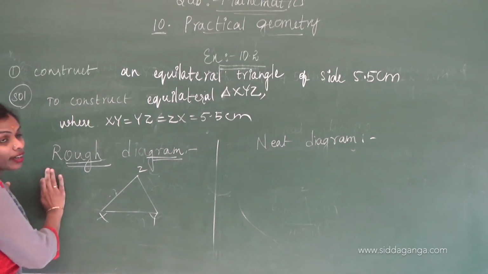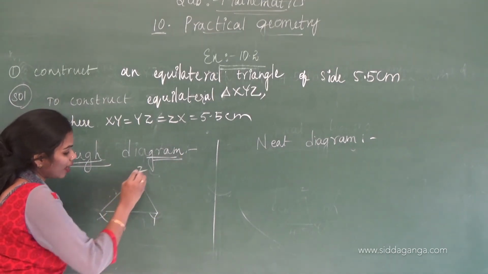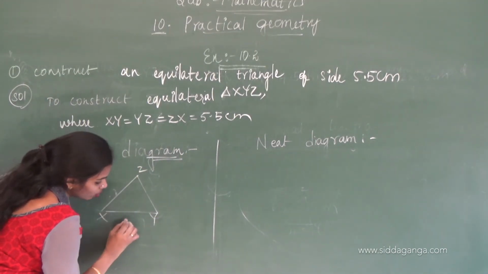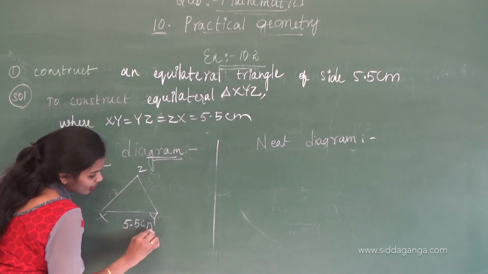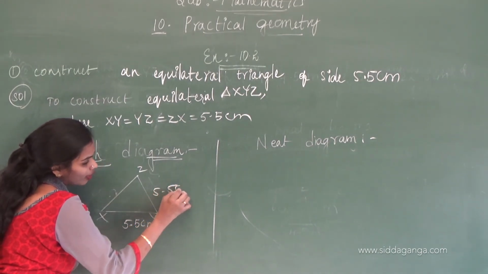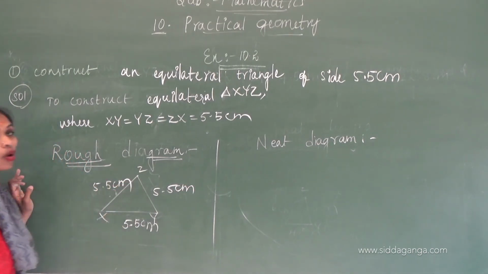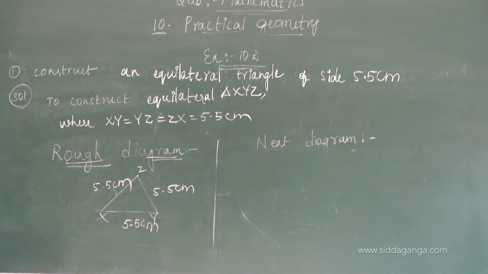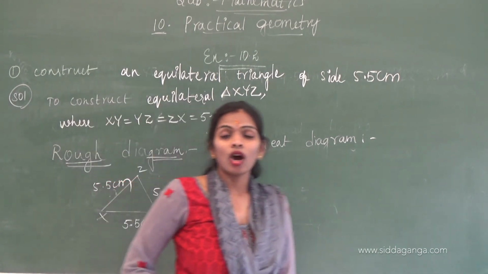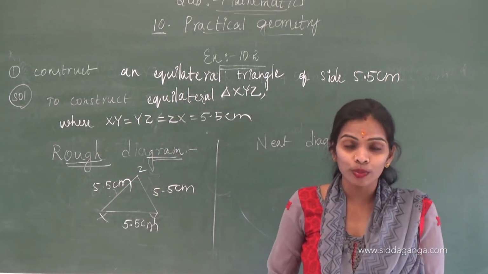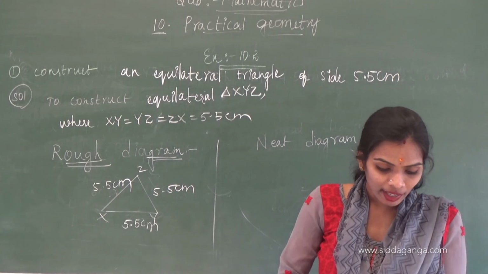Correct? After that, you have to draw a rough diagram. All sides should be 5.5 centimeters.